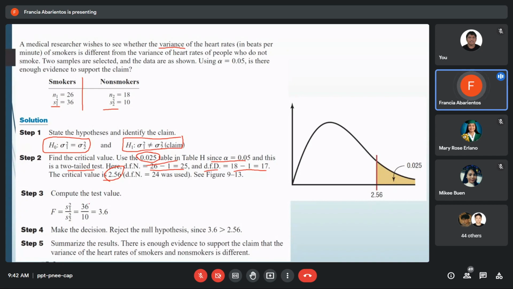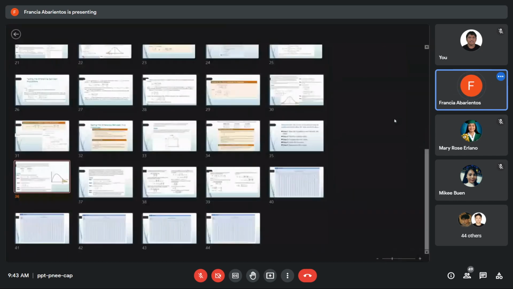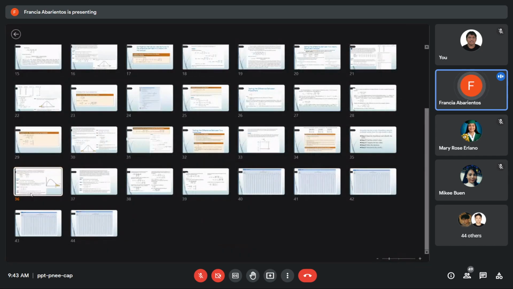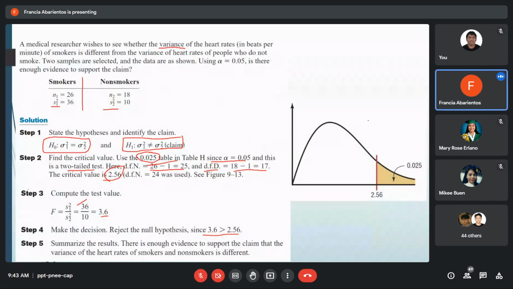So, we may compute now the test value given to us. We have 3.6. In making the decision, we know that 3.6 is greater than 2.6. So, it will fall now in the rejection region.